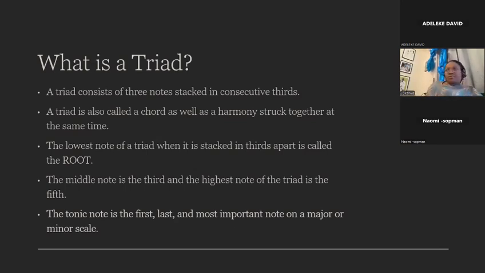For example, if you say soprano, sing so, alto, sing me, and tenor, sing do. If the three parts sound these notes at the same time, it makes what is called a chord, or we can also call it a harmony.